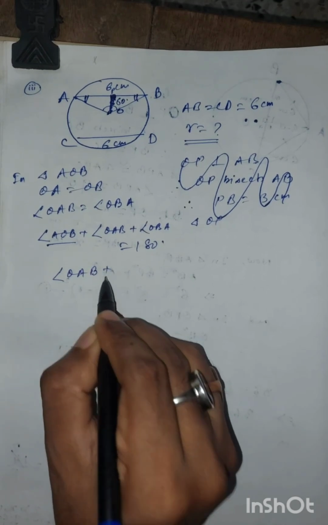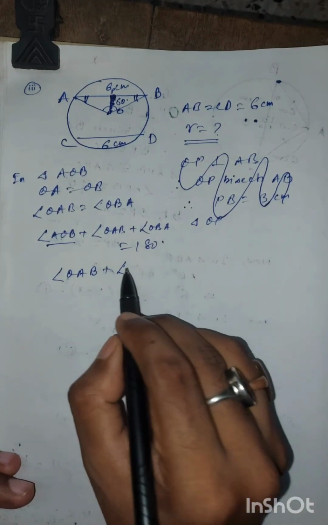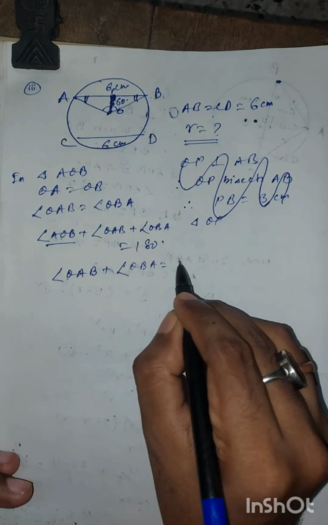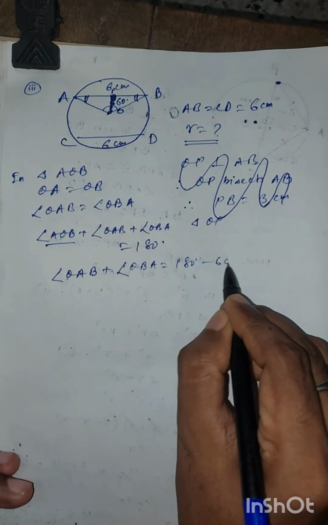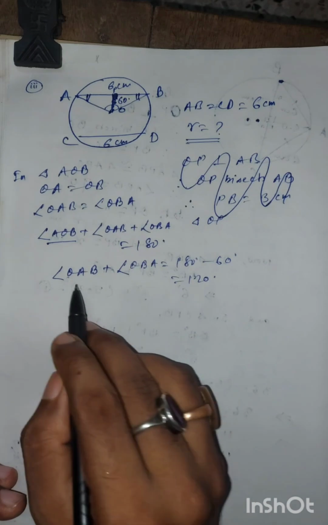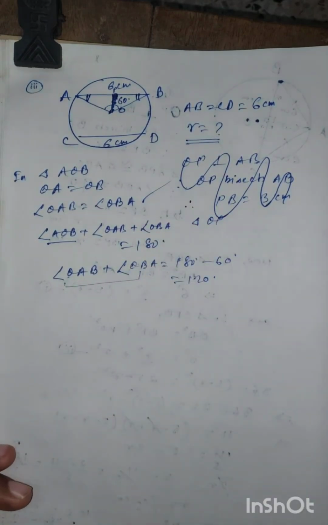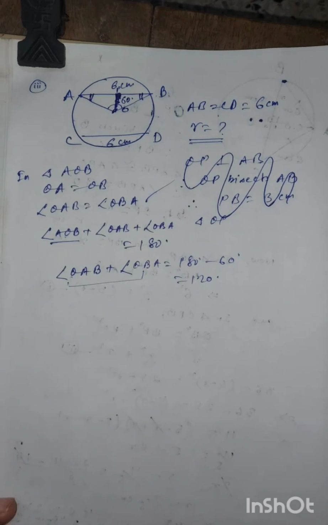So AOB is given. So we can say OAB plus OBA equal to 180 minus 60, that means 120 degree. But these two angles are equal. Why? Because OAB is an isosceles triangle. Therefore we can say each angle is equal to 60 degree.